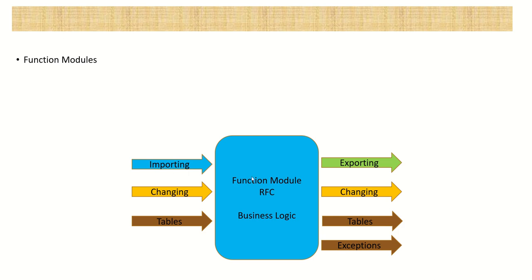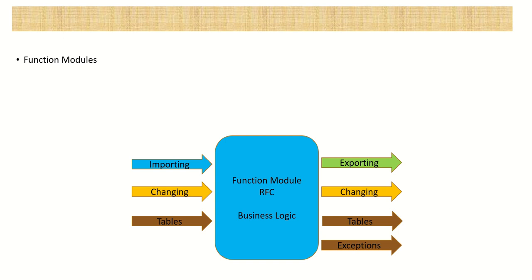An importing parameter we cannot change. This means that, for example, we have importing parameter A with value 10. Based on the value of A, we can set the value of exporting parameter B, but we cannot change the value of A itself because it is an importing parameter.